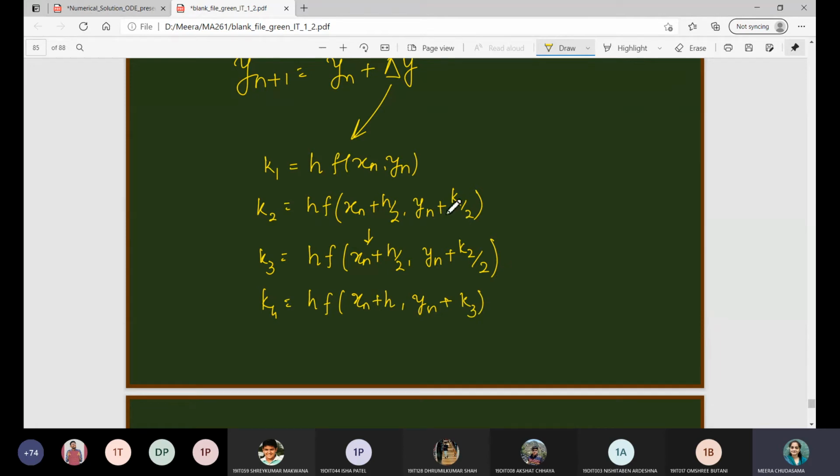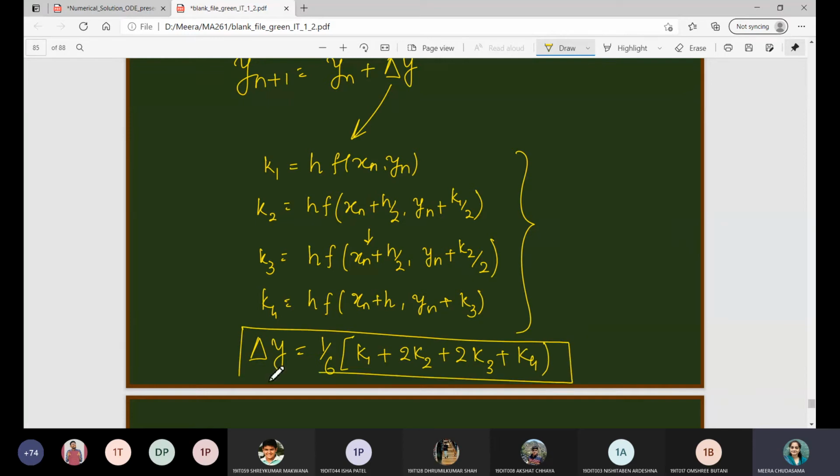So the iterations we took one by one in Euler's method, we have now considered in k1, k2, k3, k4. And finally delta y is nothing but 1 by 6 of k1 plus 2k2 plus 2k3 plus k4. So this is what you have to remember, that k1, k2, k3, k4 are given by these formulas, and finally the increment is given by 1 by 6 with coefficients of k1, k2, k3, k4 as 1, 2, 2, 1.